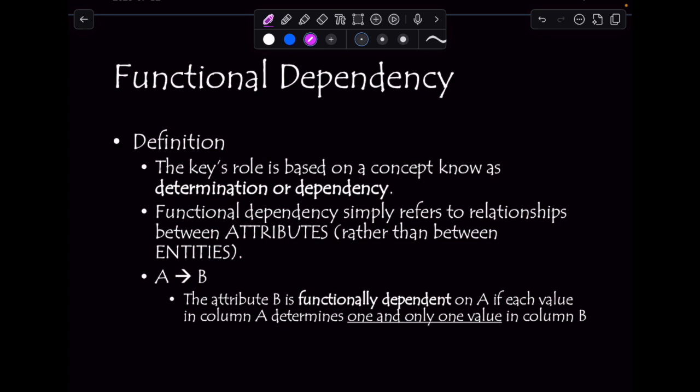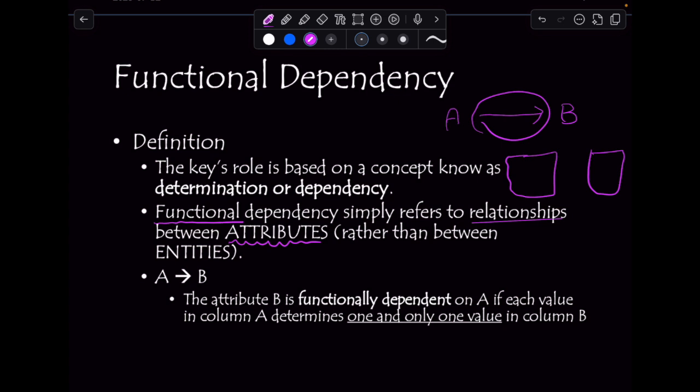What does functional dependency mean? It's a kind of relationship between two attributes. Let's say there is attribute A, and the notation is an arrow, and then there is attribute B. The definition is that functional dependency simply refers to relationships between not entities but attributes. In ER modeling, we are talking about entities and how they are related, like this with close fit.